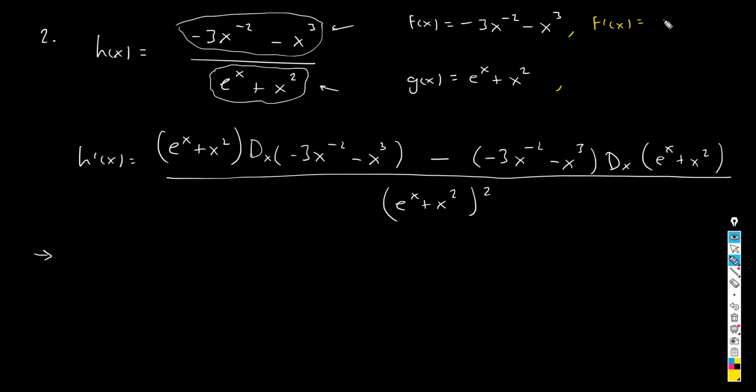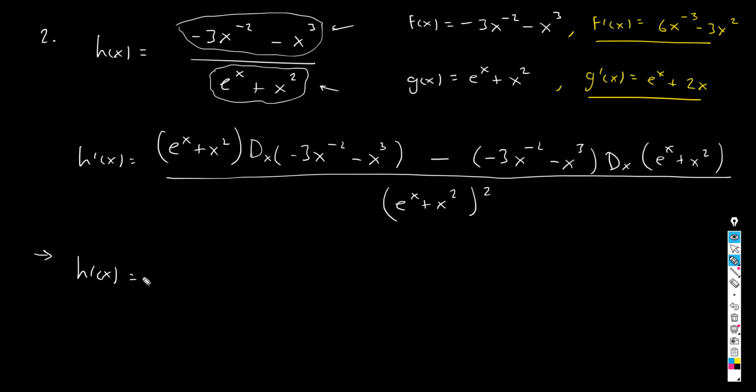It's going to be 6x to the minus 3 minus 3x to the square. That's f prime of x. And g prime of x is going to be e to the x plus 2x. And I'm done. These are the derivatives of f and g. And I come back to my main problem and I just paste them.